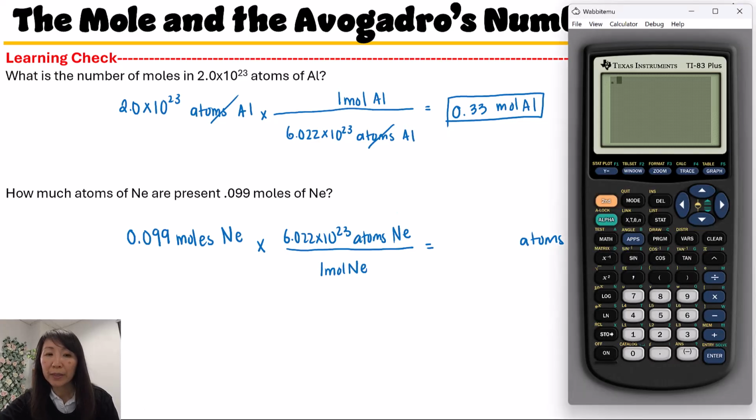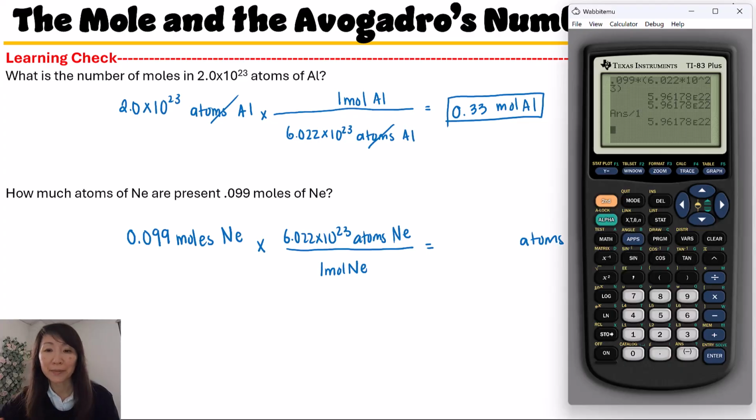Okay, so let's calculate this. We have 0.099 times, and now I'm going to parenthesize this: 6.022 times 10 to the 23rd, then close the parentheses and hit enter. Then I'm going to put divided by 1.